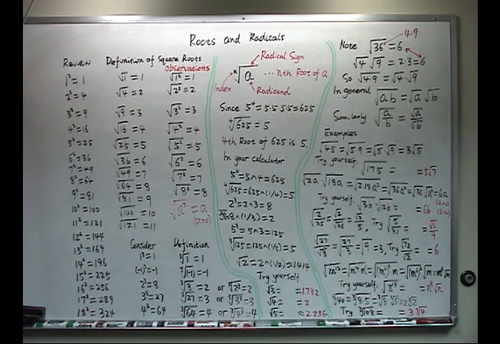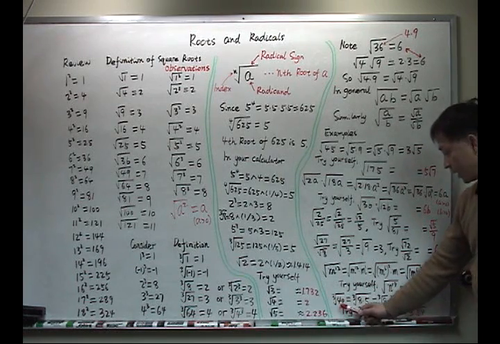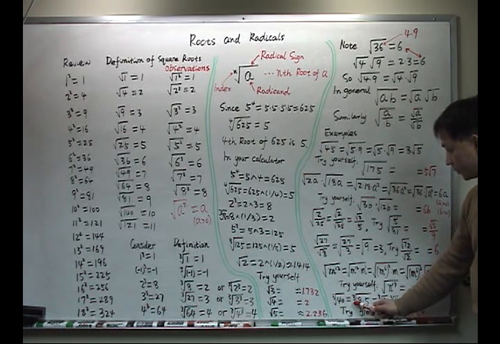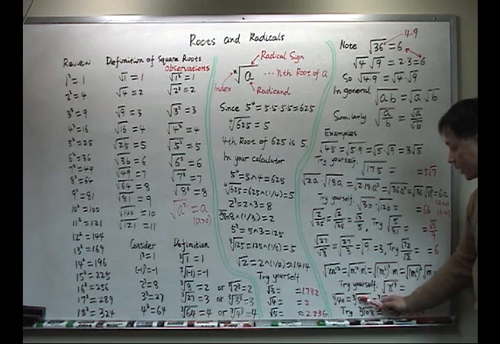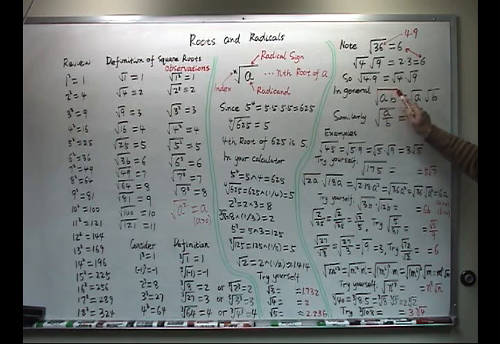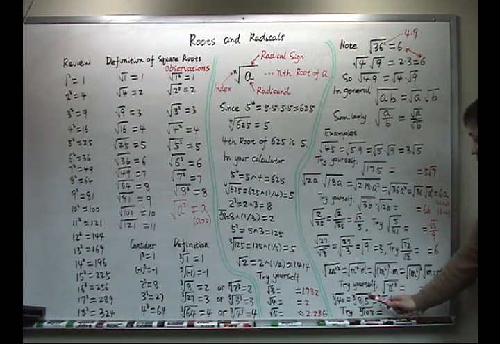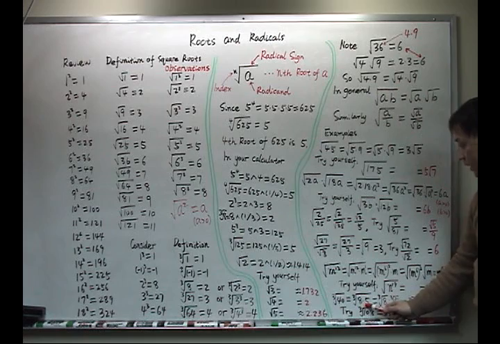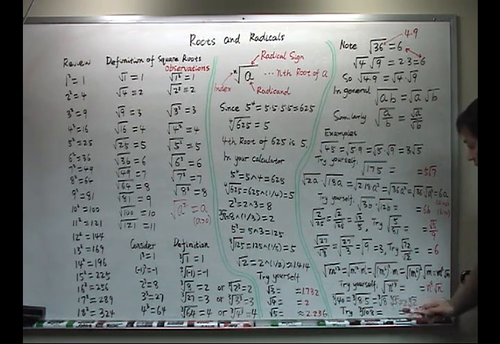The last example. Try cube root of 40. Cube root of 40, you know 40 can be written as 8 times 5. By a similar property right here, where the index is 2, if the index is 3, it also works. So here we can separate 8 and 5, cube root of 8, cube root of 5.